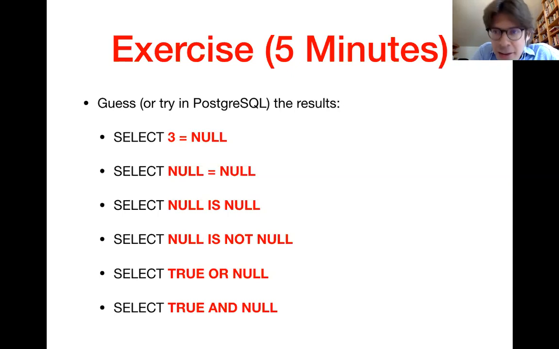On the other side, for the last query, we have true and null. That means if the unknown value is also true, it makes the entire expression true, but if the unknown value is false, it makes the entire expression false. So the result depends on the unknown value, and therefore the result is also unknown. So this is what is called SQL's ternary logic, because all logical expressions can have three result values: true, false, and unknown.